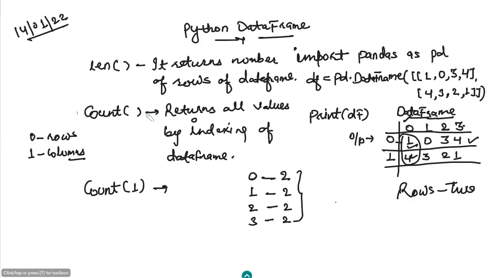And you can also write count, then axis, and just pass the columns here.